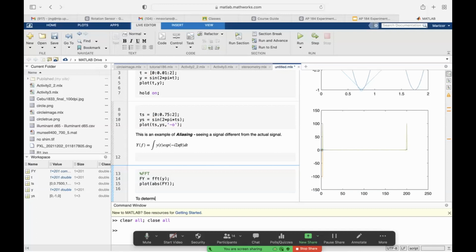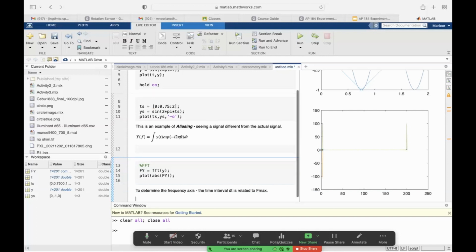To determine the frequency axis, this is related to Fmax, the maximum frequency.